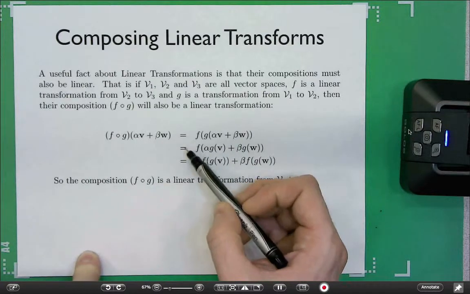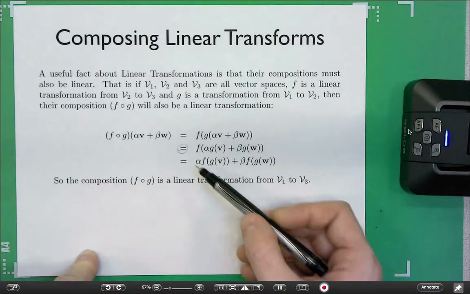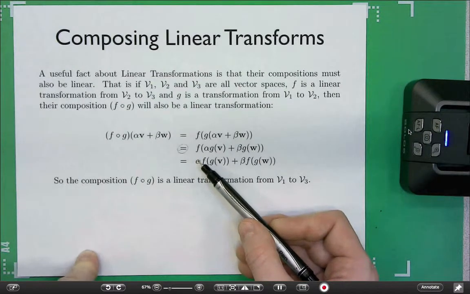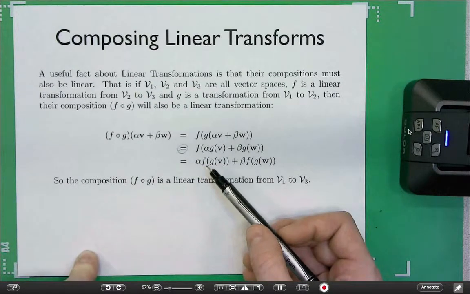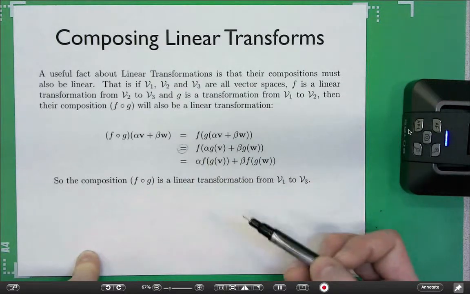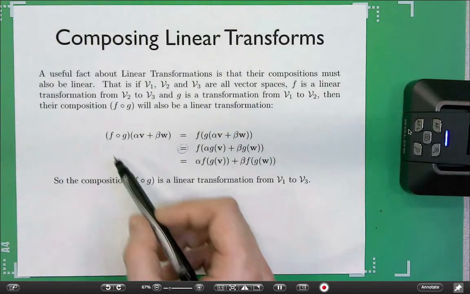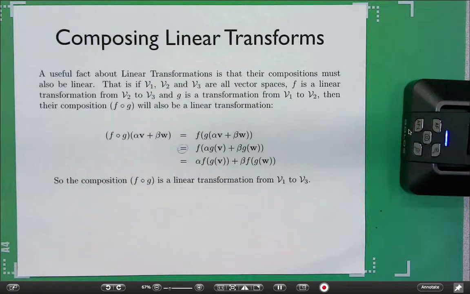That's what this second equation is saying. Then I can do the same thing because f is also a linear transformation, and get this. Which means that the composition, f composed with g, is a linear transformation.